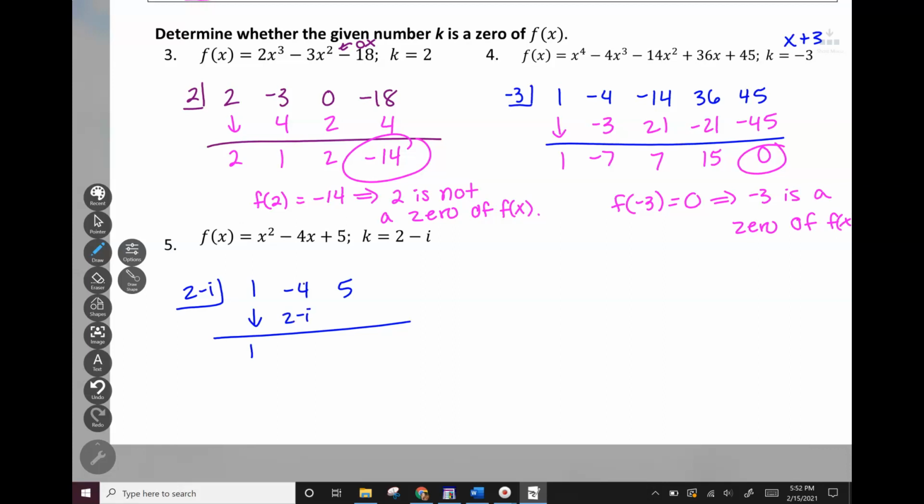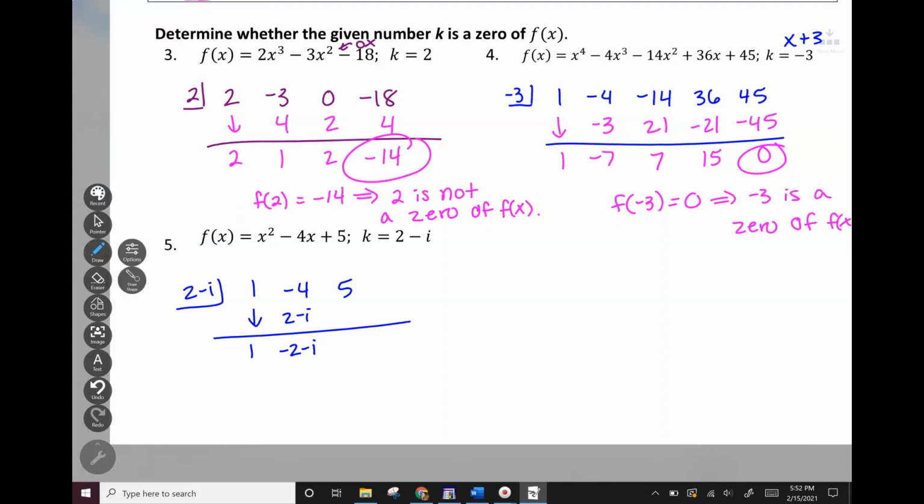Then we add, so -4 plus 2 minus i. You want to combine like terms here, so that's -4 plus 2 is -2. There's nothing to combine with the -i, so it just stays -i. All right, now we are to multiply 2 minus i times -2 minus i.